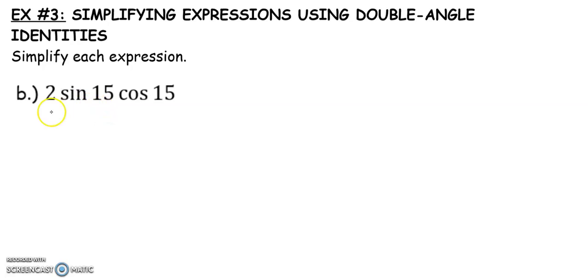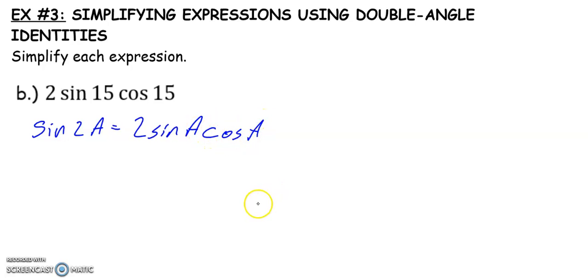For B, can you find the double angle identity that looks like this? To me, this looks a lot like the sine of 2a. The sine of 2a equals 2 sine a cosine a. And according to what we're looking at, a equals 15.